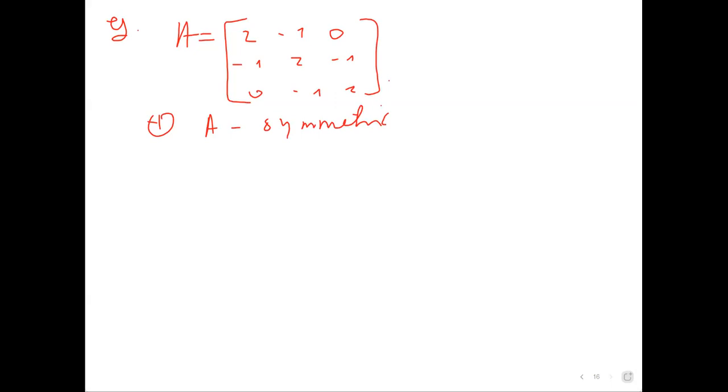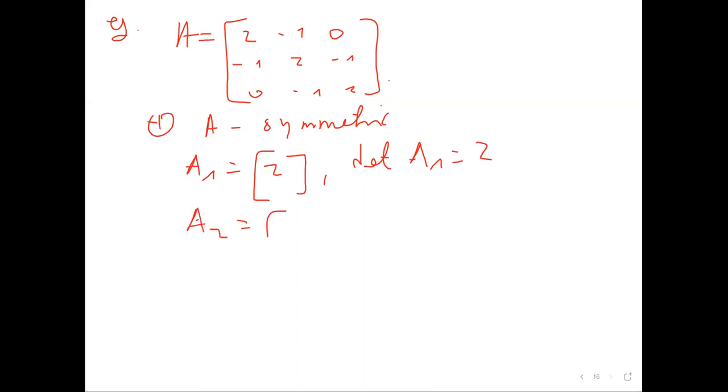Then what are the leading principal submatrices? A1 is 2, so the determinant of A1 is 2.